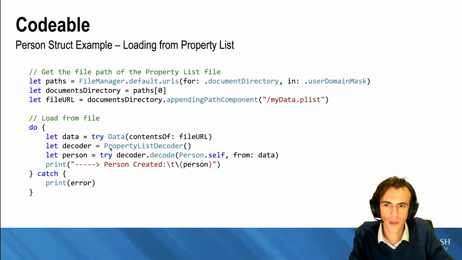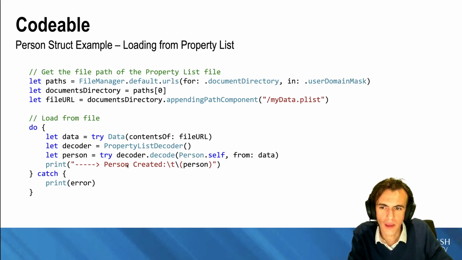When we've got the data, we can instantiate a property list decoder, and we tell the decoder the class that we want to decode into, and we give it the data, and it will give us back an instance of this structure in this case. I mean, this could be a class or it could be a structure. Codable works on both, so that's good to know. And then once we have the person, we could just try printing it and check that this works.